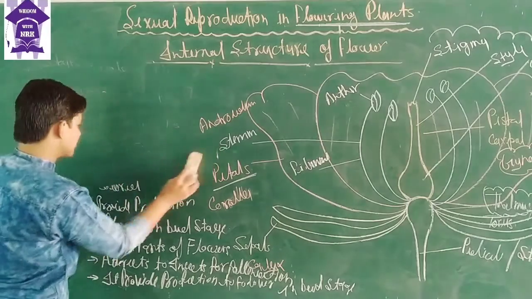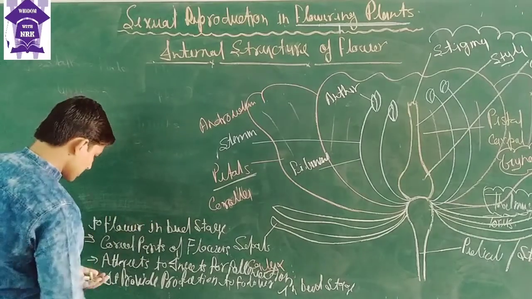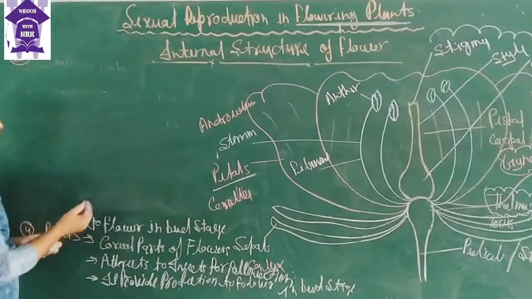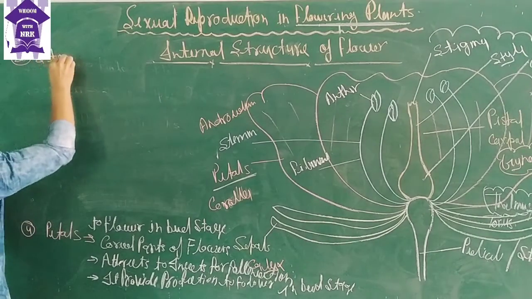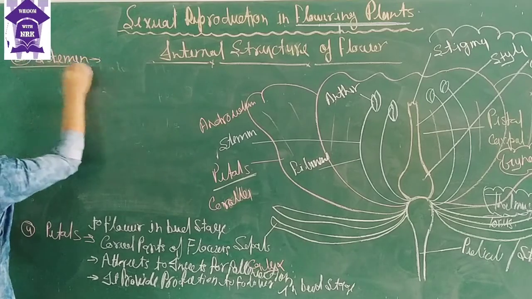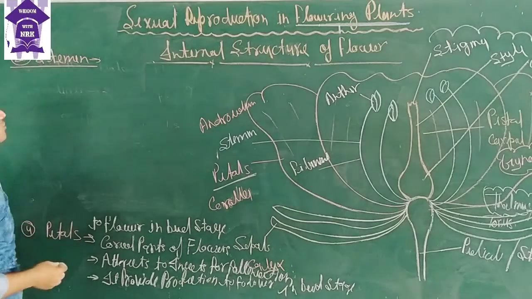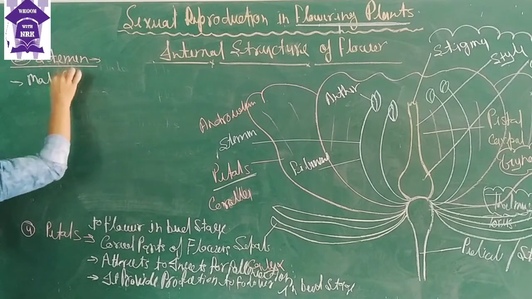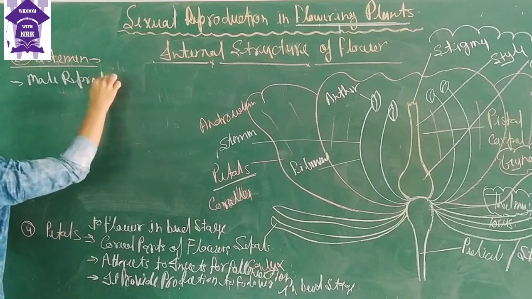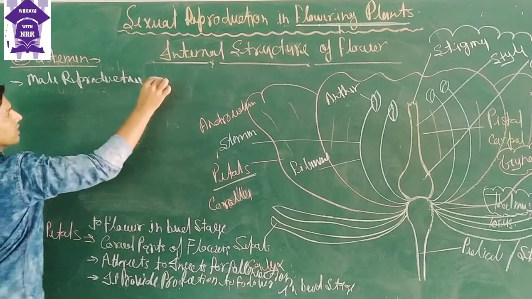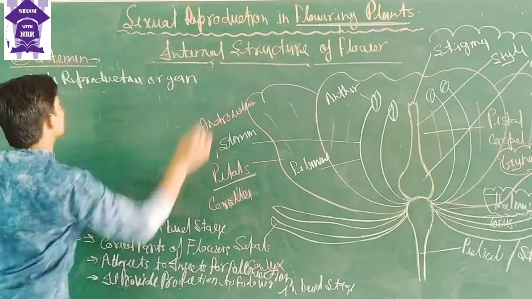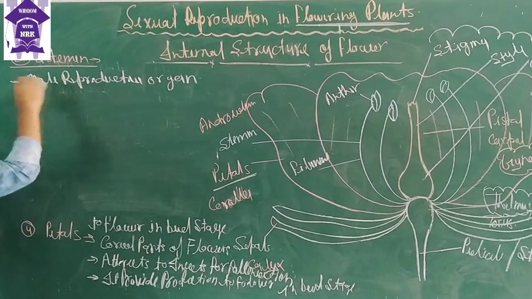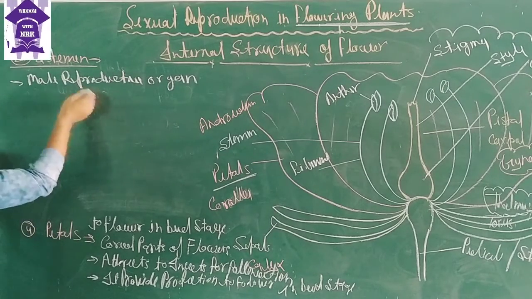After that we will reach the next unit, and that is known as the stamen. This is the next unit, stamen. If we talk about the stamen, this is the male reproductive organ. And this male reproductive organ is divided into two main parts.